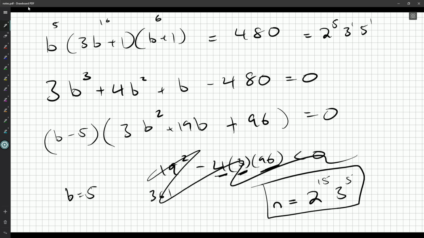And I suppose if we wanted to, we could double check. 15 times 16 times 6 is going to be all over 2.